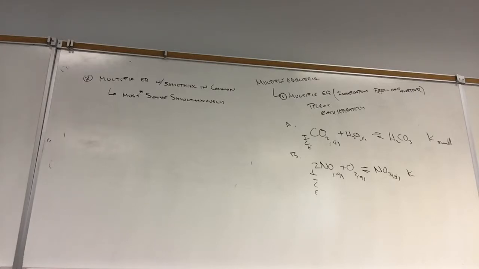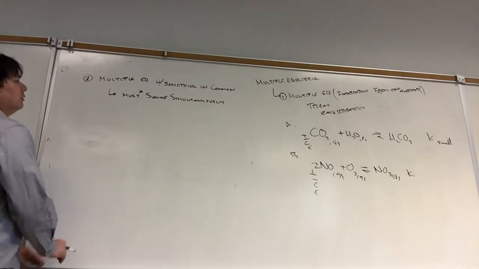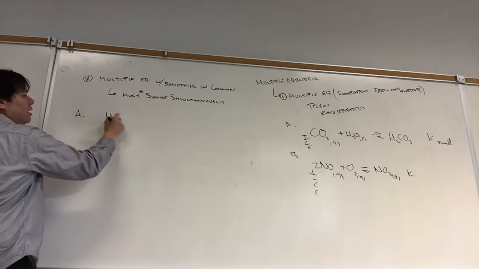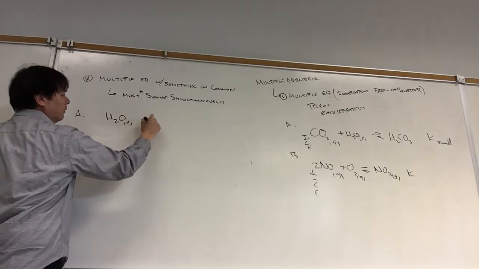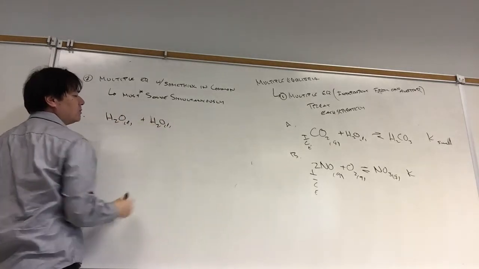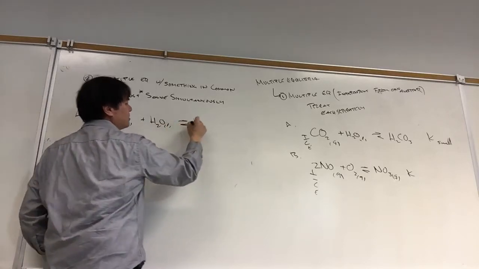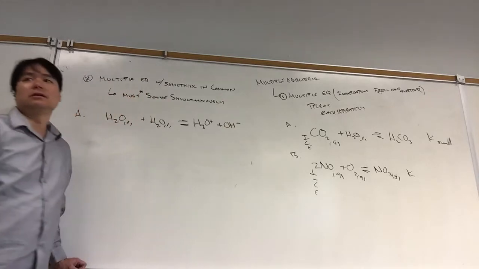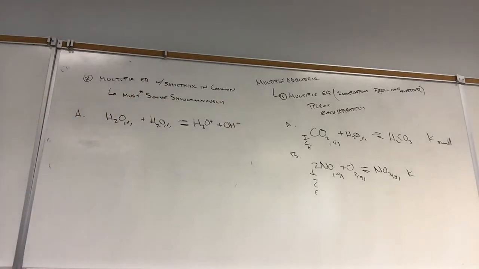And so what are the multiple equilibria? Well, these are the multiple equilibria. One is the water equilibrium. You know, water collides with water. This is what causes the pH, right? This forms the hydronium and hydroxide. Water plus water.